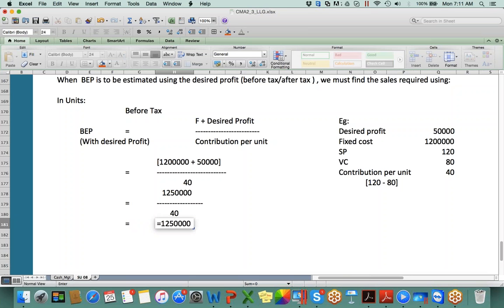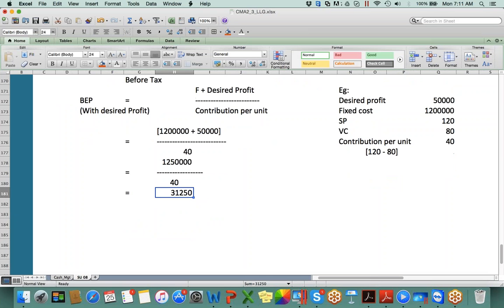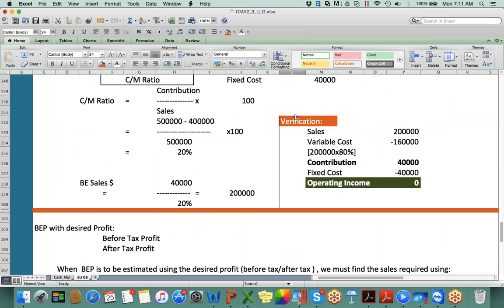Not 40,000, it is 40. It is 31,250 units. If you sell 31,250 units, you will be enjoying the profit.